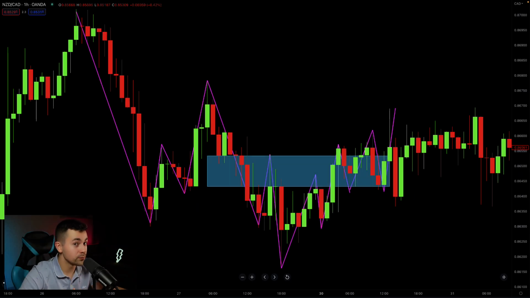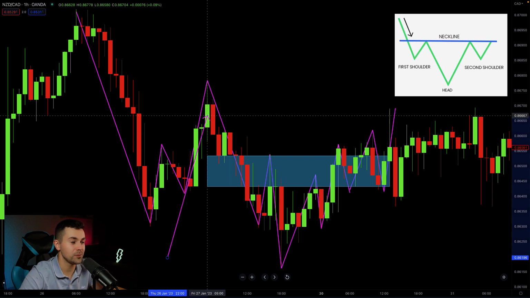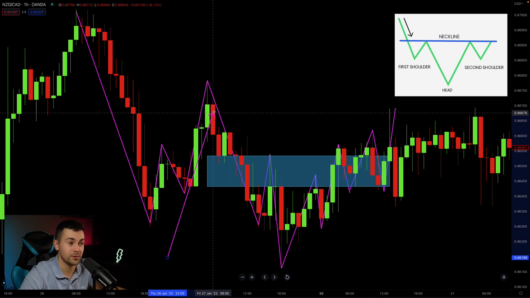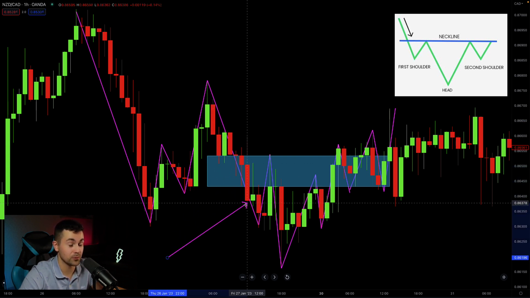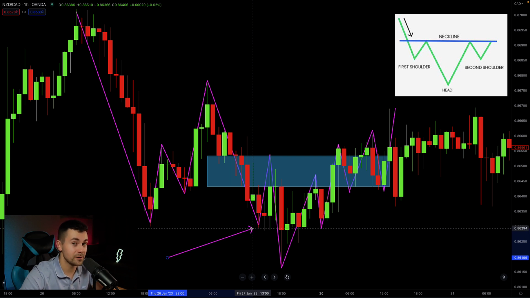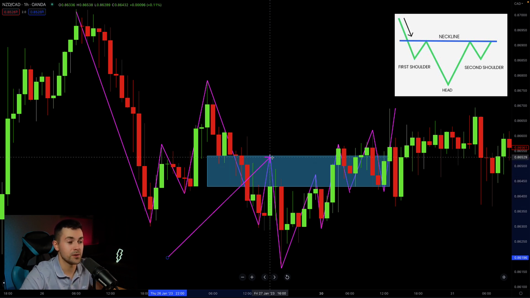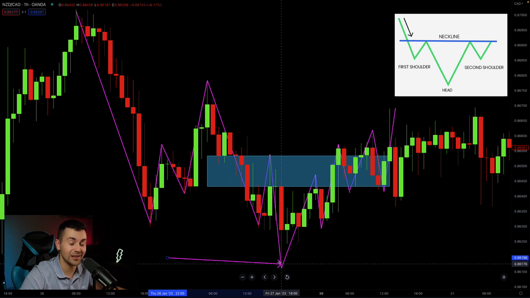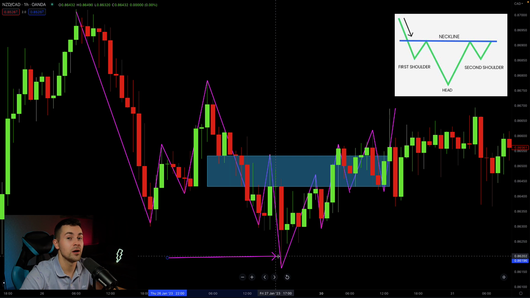A bullish version of the head and shoulders pattern is called the inverted head and shoulders pattern. And the first element of this pattern is a strong bearish impulse. The price drops and the price sets a level low. Then the price retraces, sets a level high, and then drops again, setting a new level low.